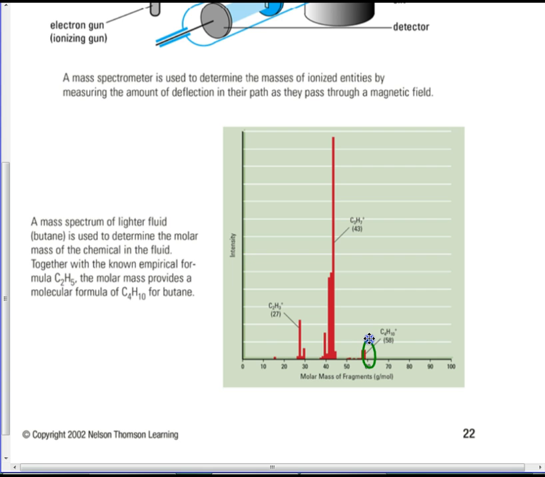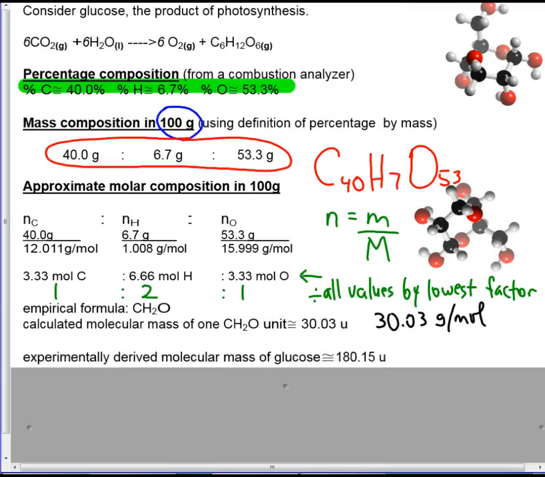The molar mass will be the mass of that heaviest particle before it starts to break down as it goes through the instrument. So as we go to that mass spectrum and determine that glucose has a molecular mass, or in atomic mass units is fine, but in grams per mole it would be on a molar scale, a mole of glucose would have a mass of 180.15 grams per mole.